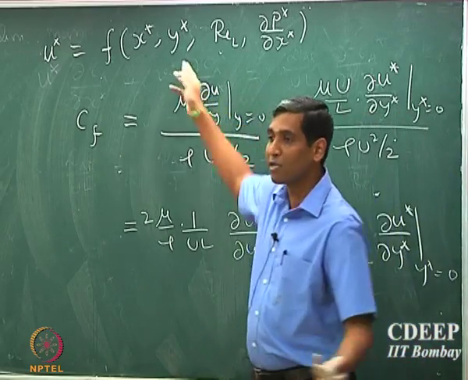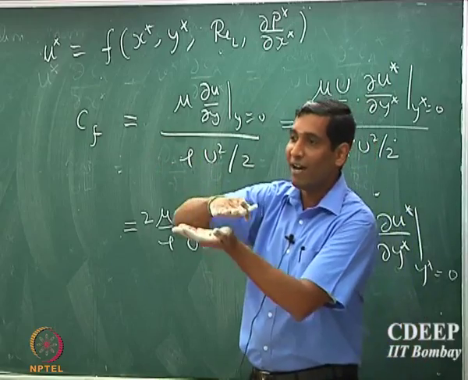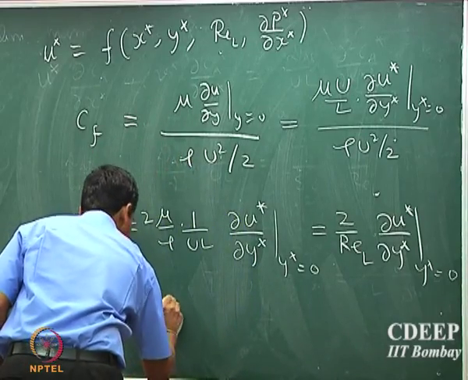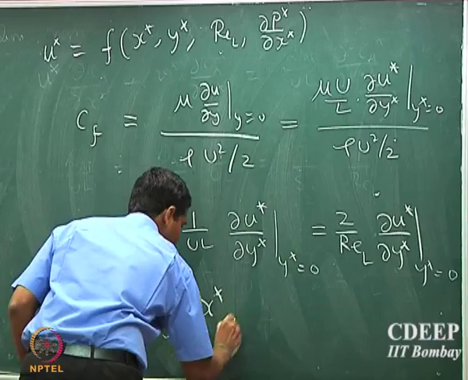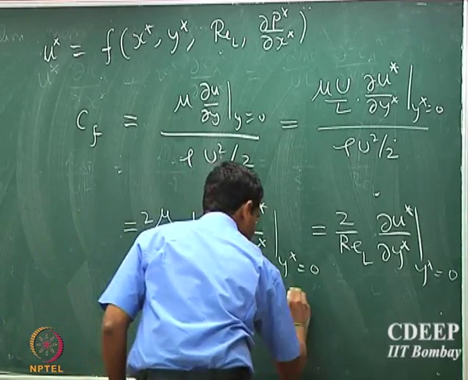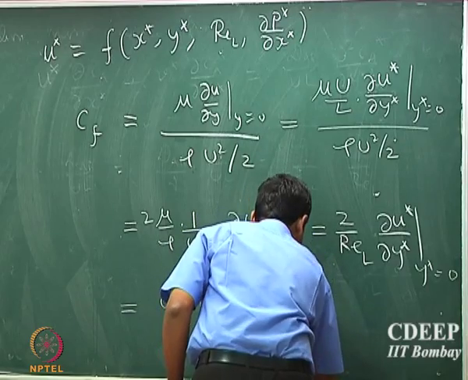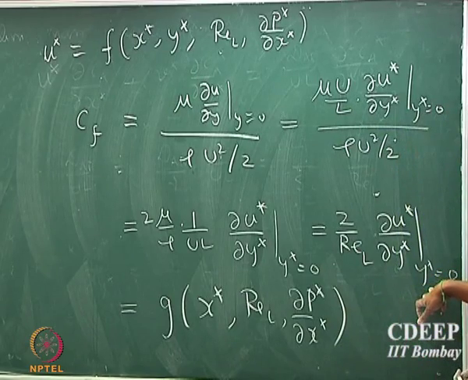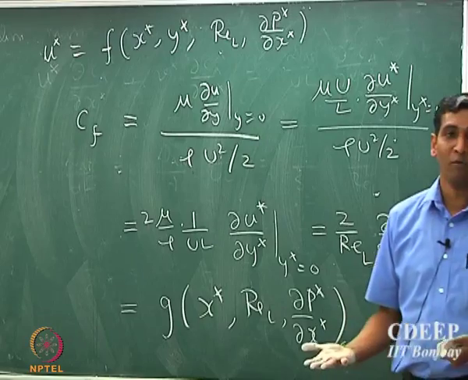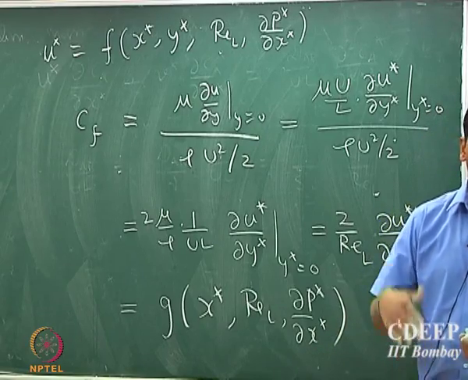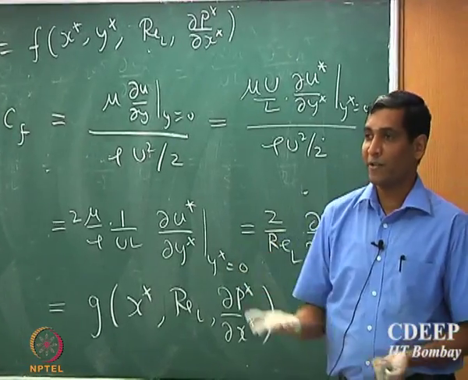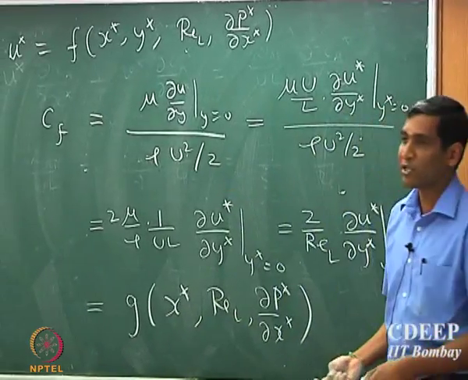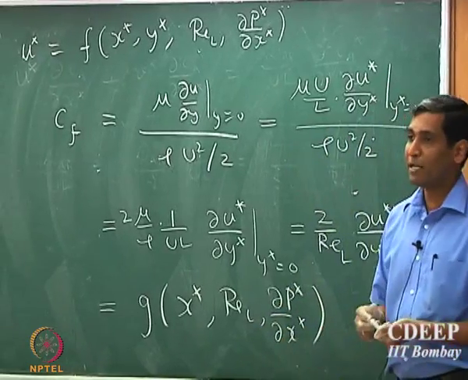So the dependence on y star is gone because you are evaluating at y star equal to 0, which means that this should only be a function of x star, Reynolds number, and dp star by dx star. You are removing the dependence on y star because you are interested in the friction coefficient at the interface. That is what we want to know. So the friction coefficient is now a function of only x star, Reynolds number, and dp star by dx star.